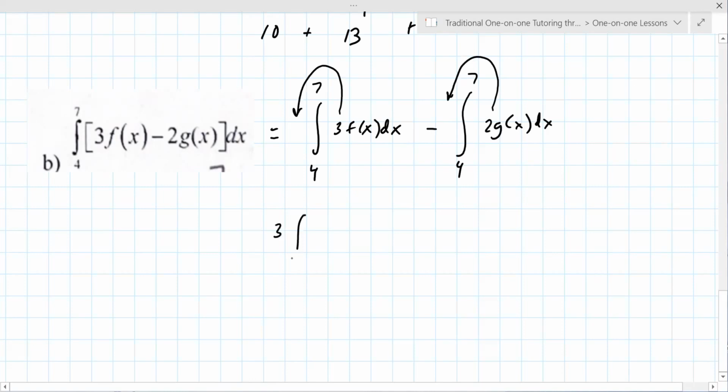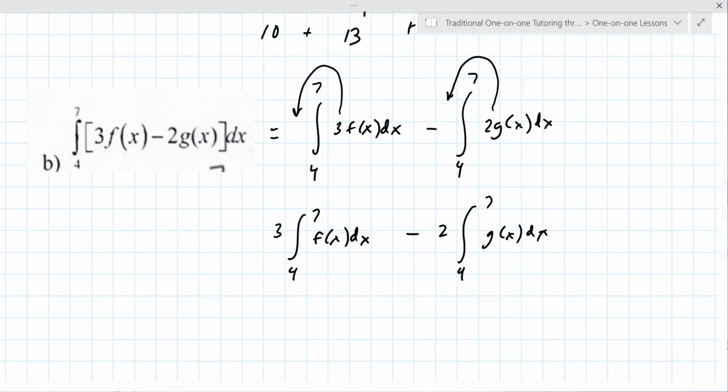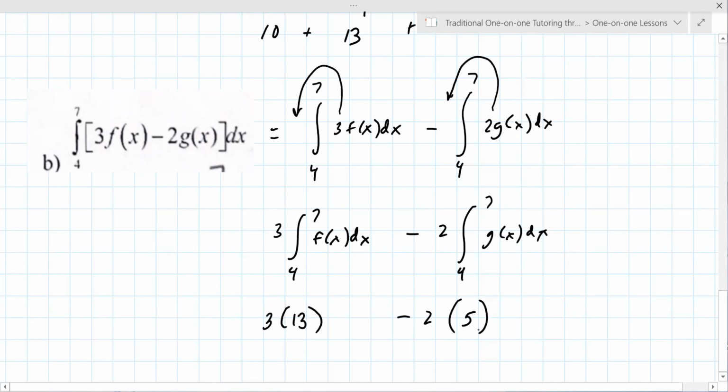So it's 3 times integral from 4 to 7 of f of x dx minus 2 times integral from 4 to 7 of g of x dx. And then we go back and look at our given values. So integral of f of x from 4 to 7 is 13. Like you said, this is 3 times 13 minus 2 times 5. Yeah, 5. And so whatever that is, 29. Okay. Is that okay? Yes.